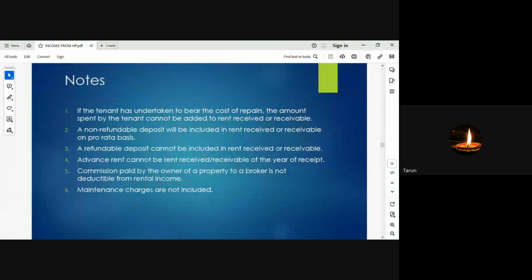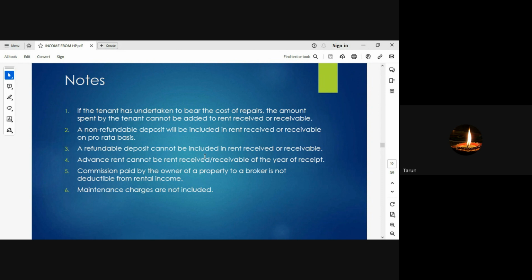The next one: a refundable deposit cannot be included at all in the rent received or receivable. Advance rent cannot be treated as rent received or receivable of the year of receipt. So whatever rent is received in advance cannot be considered in the rent received or receivable. Commission paid by the owner of a property to a broker is not deductible from rental income.